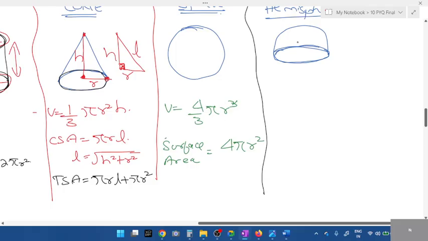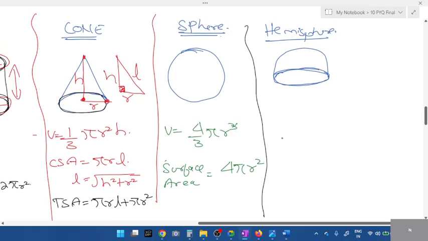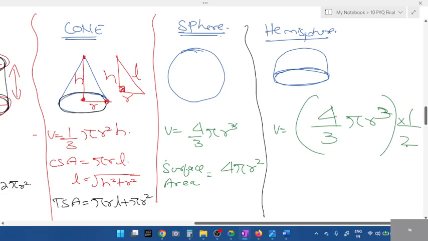Only these two. Next, hemisphere is half of sphere. Half. So if it is half, volume will be 4 by 3 pi r cube divided by 2. This entire expression you have to divide by 2 like this. So which one gets cancelled? These two. You can divide this side.